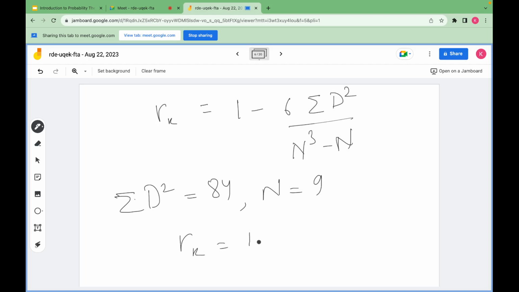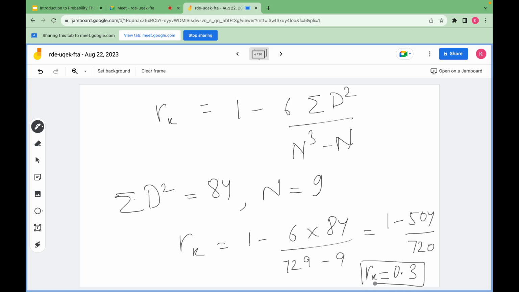So rho will be 1 minus 6 into 84 divided by 729 minus 9. This comes out to be 504 divided by 720, which is 0.3.